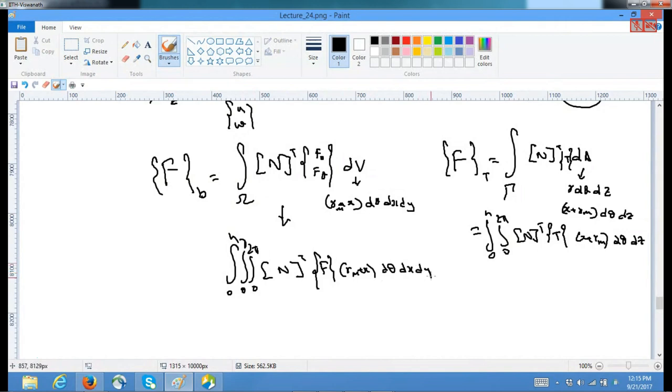I have to replace it with, this is in the local coordinates, it has to be dy.